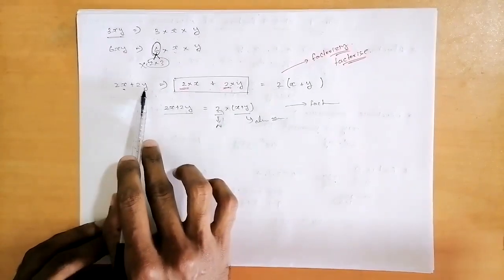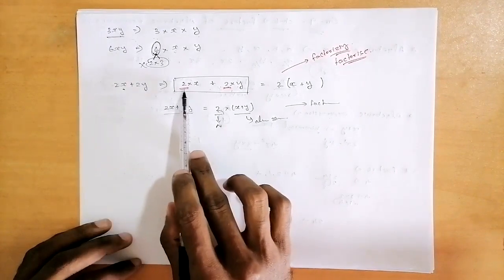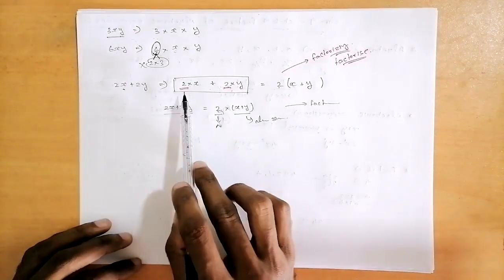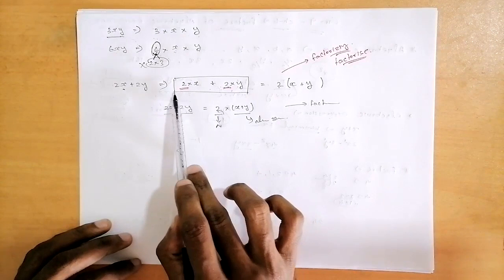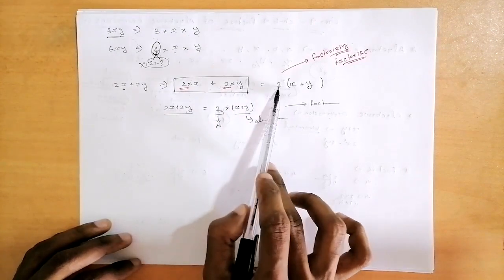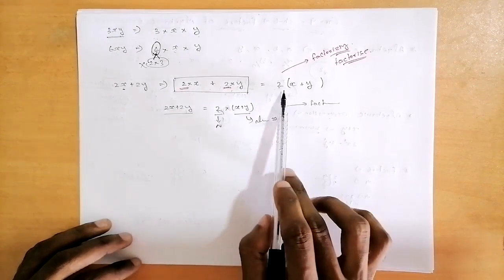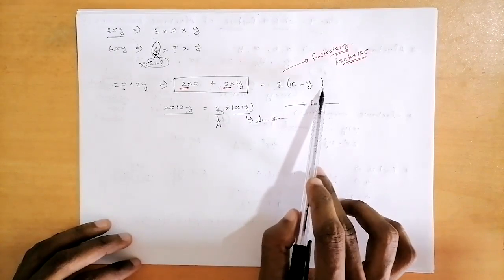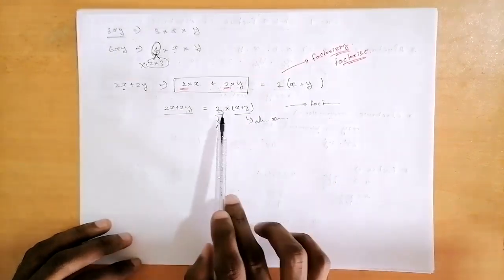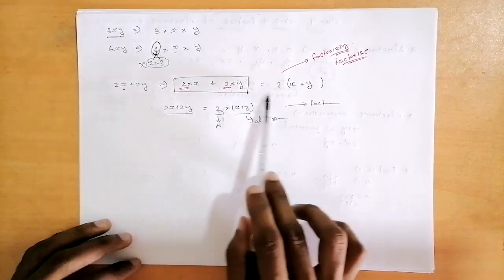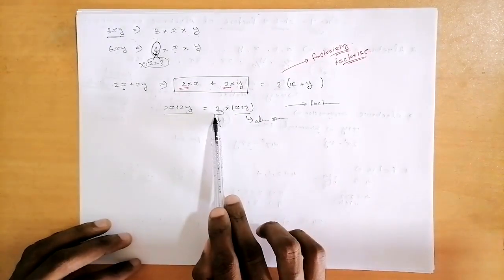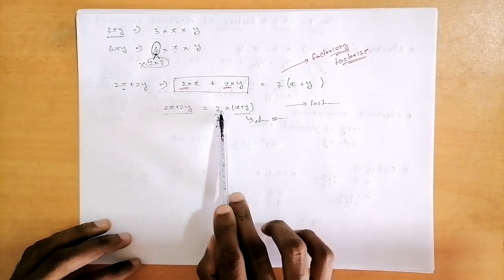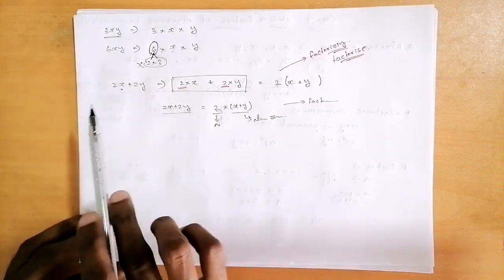Likewise, 2x plus 2y, we check how it's built. When we check how it's built, we have a common term, then we take it out. If we take out the common term, the remainings are within the bracket. After this step, we can say 2 and x plus y are factors of 2x plus 2y.